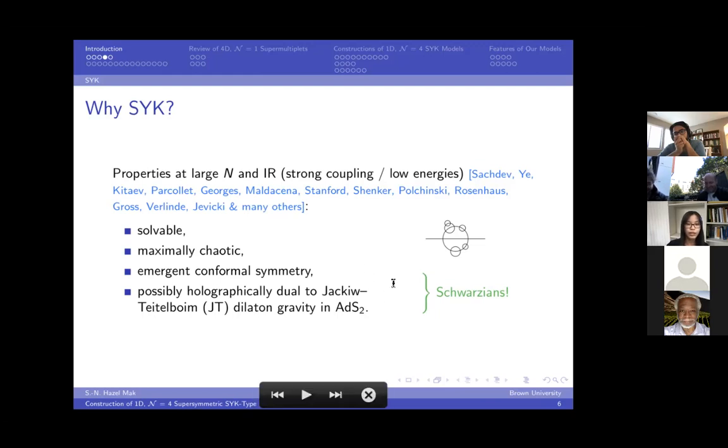But then when you do this, you realize that in AdS2, like in 2D, JT dilaton gravity is also described by the Schwarzian. This suggests a possible holographic duality between SYK models, like a near-conformal field theory in 1D, and this gravity in 2D, AdS2. So it becomes very interesting to study them.